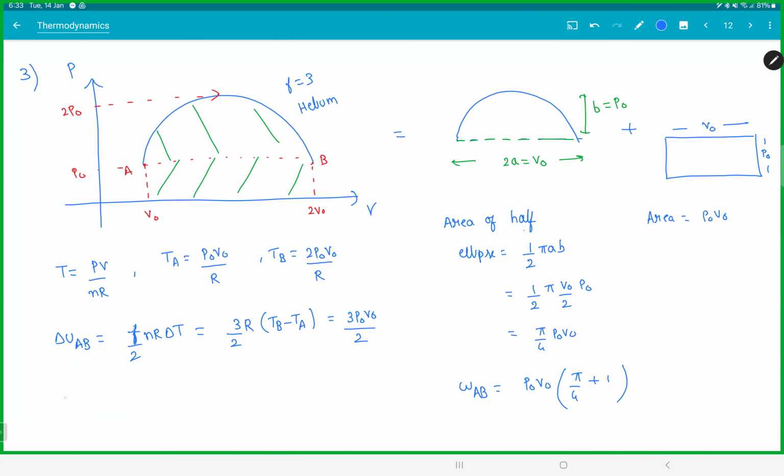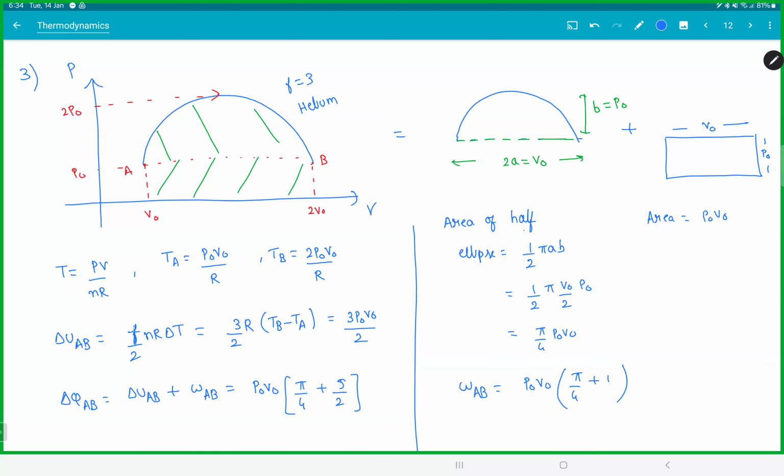You got everything. So you want to find delta Q. Delta Q AB will be, by the first law of thermodynamics, delta U AB plus work done from A to B. So just add them. When I add them up, I end up with P naught V naught times pi by 4 plus 1 plus 3 by 2, which is 5 by 2. Check.